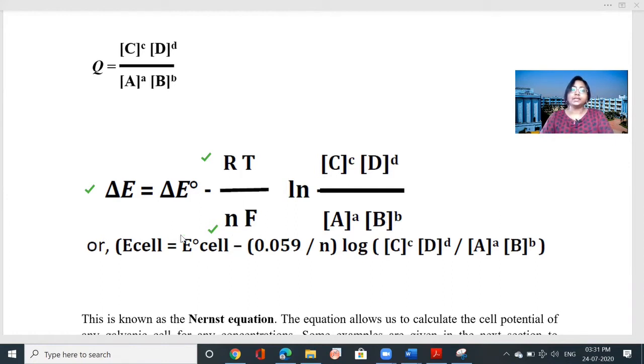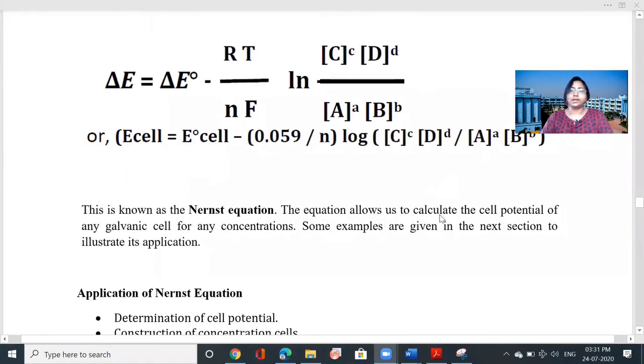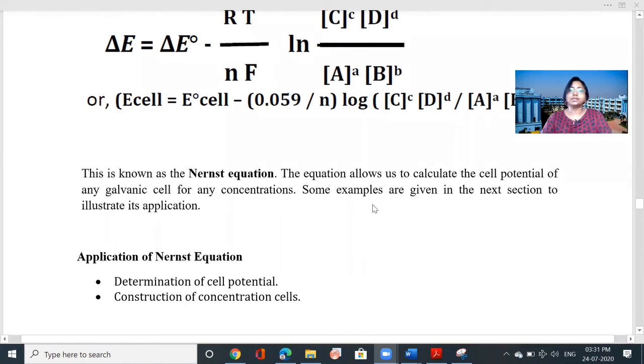In this way we can calculate the electrode potential. This is called the Nernst equation. How is this equation applicable for us? This equation allows us to calculate the cell potential of any galvanic cell for any concentration.